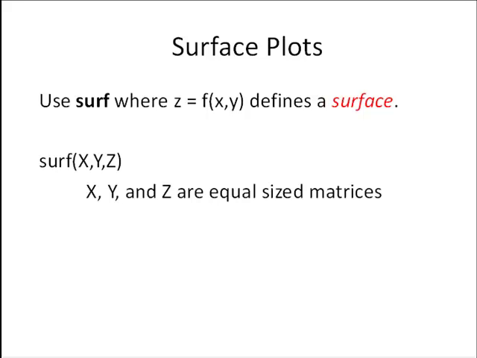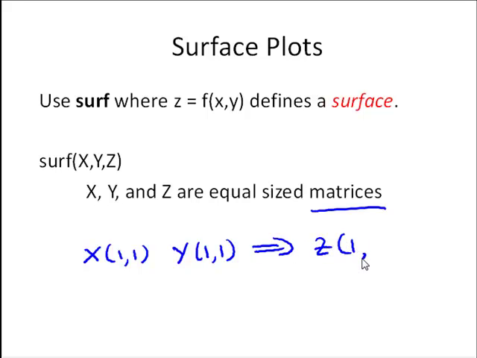So a surface plot can be used to plot a function, z equals f of x, y, that defines a surface. In this case, now, x, y, and z are not vectors. X, y, and z should be equal sized matrices. So what we're going to have here, for example, is x(1,1) and y(1,1) correspond to z(1,1).